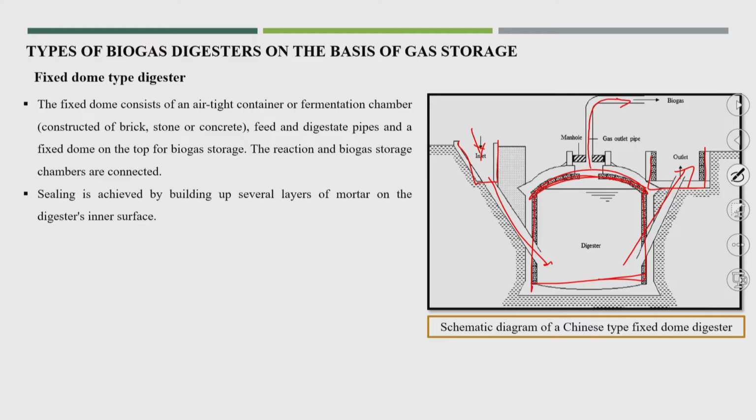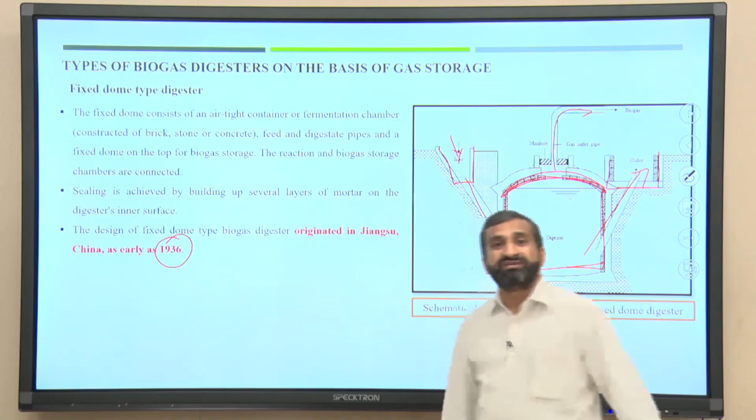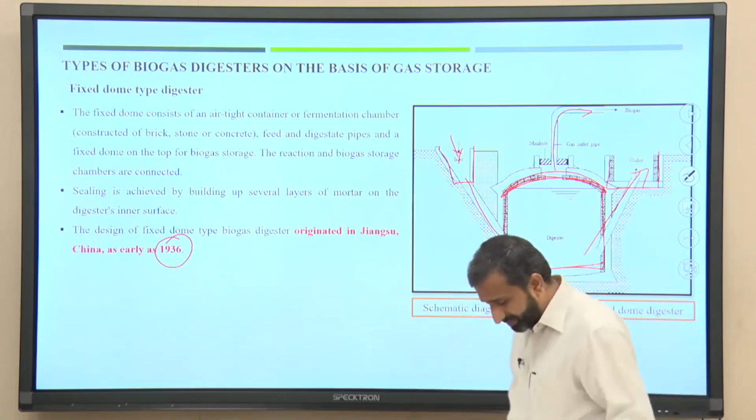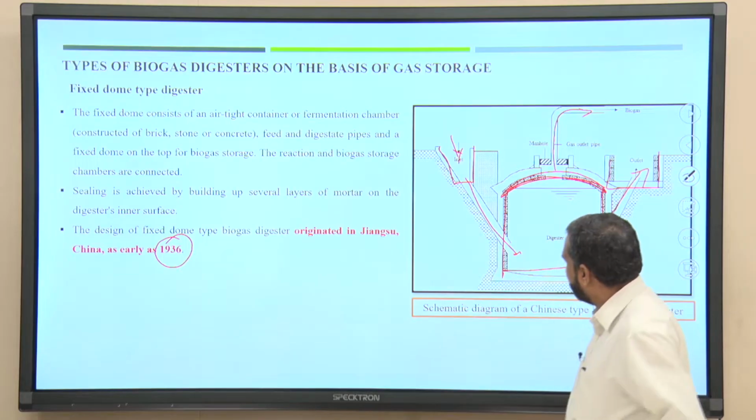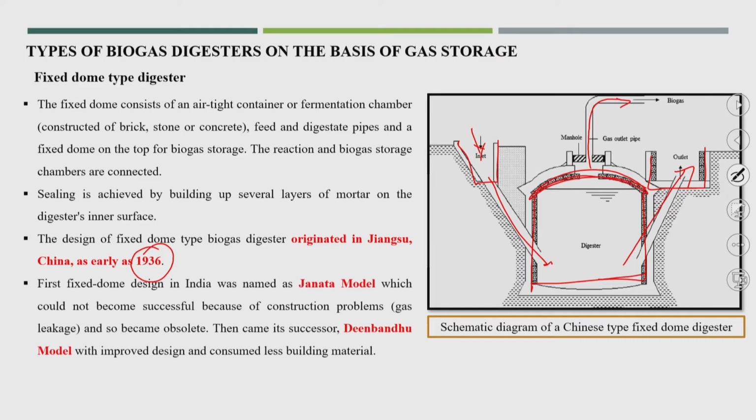The sealing is achieved by building up several layers of mortar on the inner surface of the digester. The design of the fixed dome type of biogas digester originated in China in 1936. It is one of the oldest techniques for biogas production. The first fixed dome design in India was named the Janta model, which could not become successful because of construction problems.